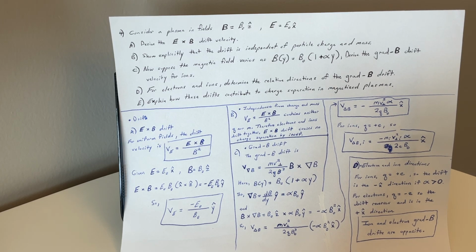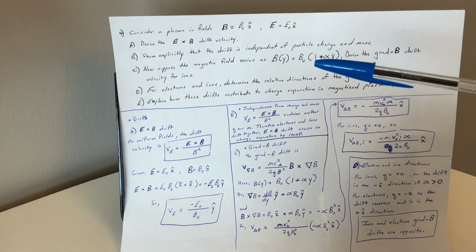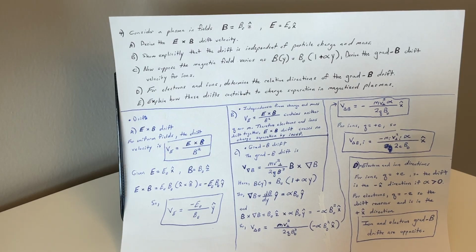Okay, moving along to letter C. Now suppose the magnetic field varies as B of y equals B_0 times the quantity 1 plus alpha y. And we want to derive the grad B drift velocity for ions.